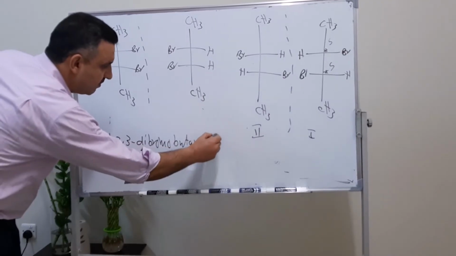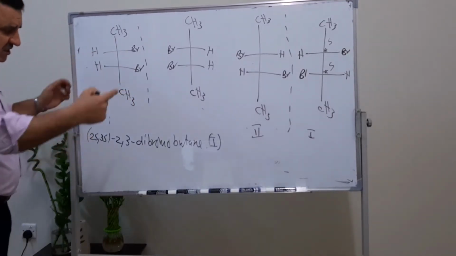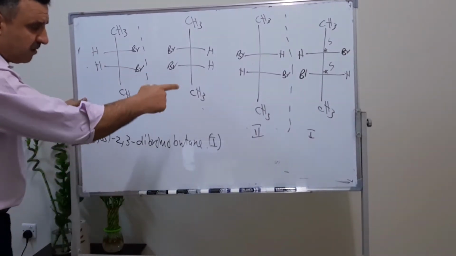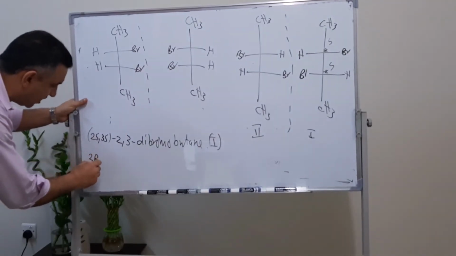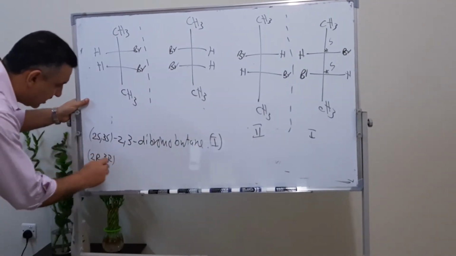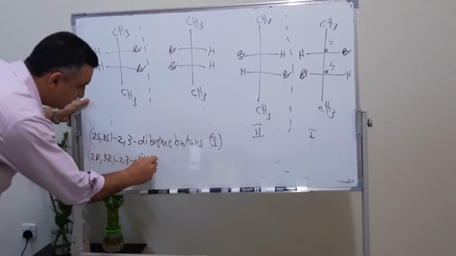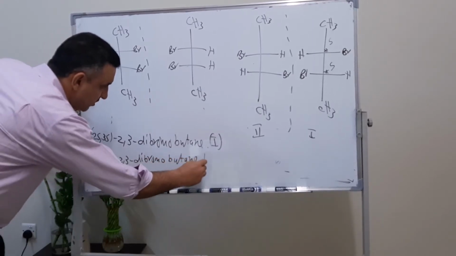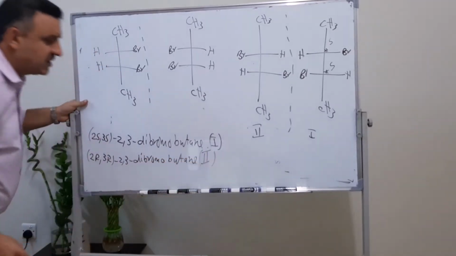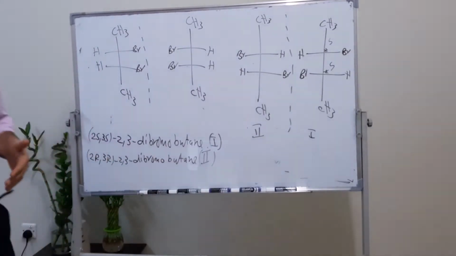So this is compound number 1. While compound number 2, since compounds 1 and 2 are mirror images, must definitely be (2R,3R)-2,3-dibromobutane.